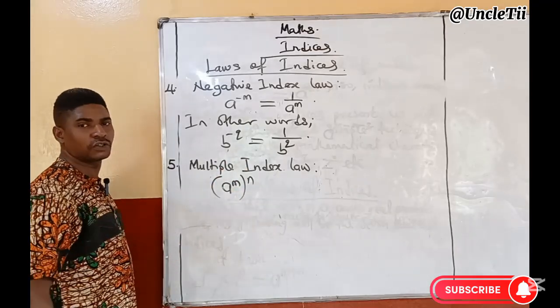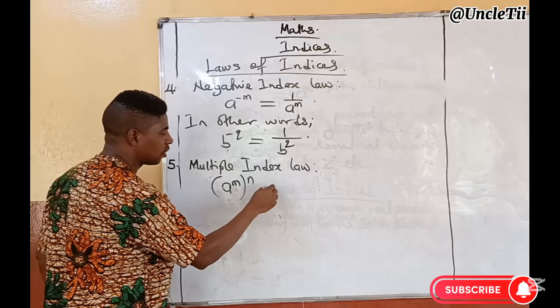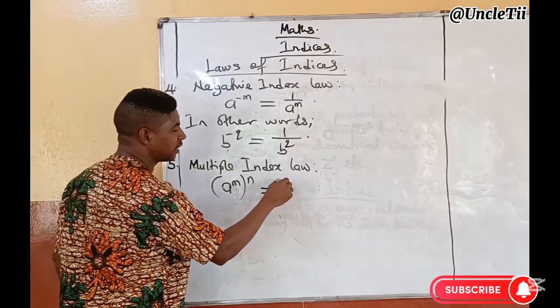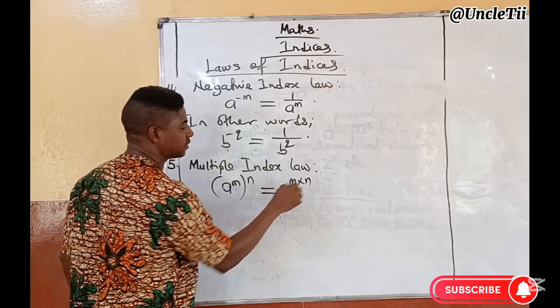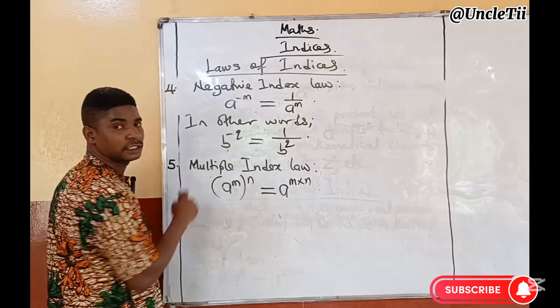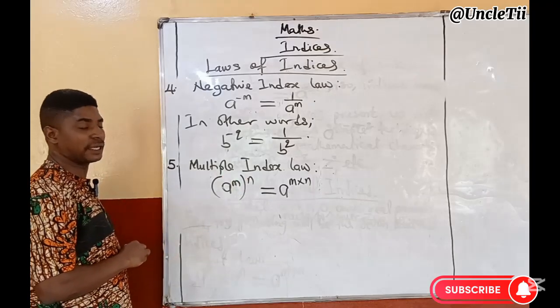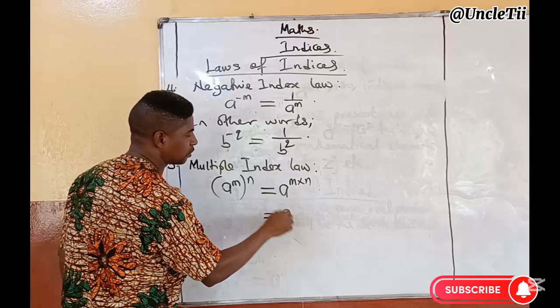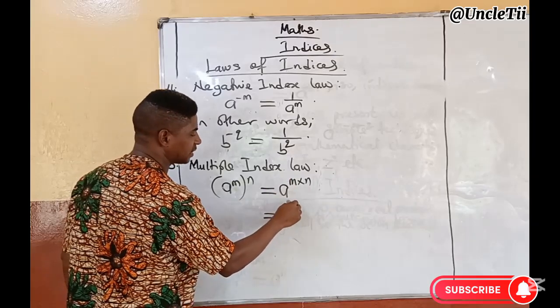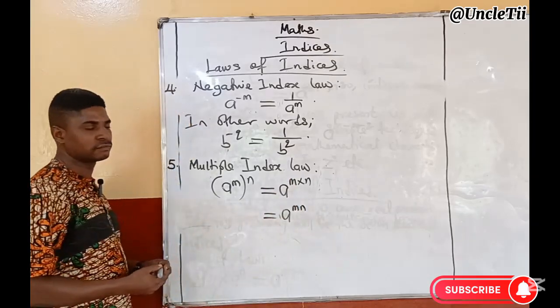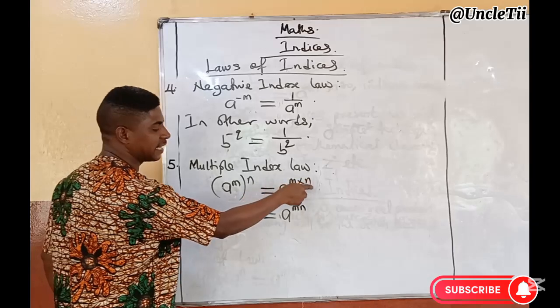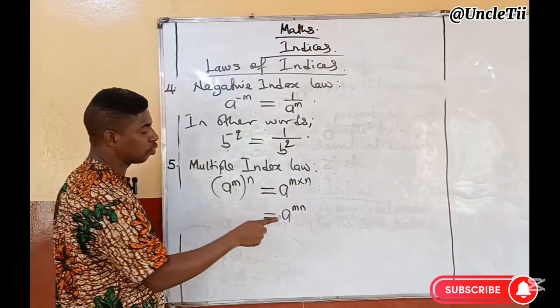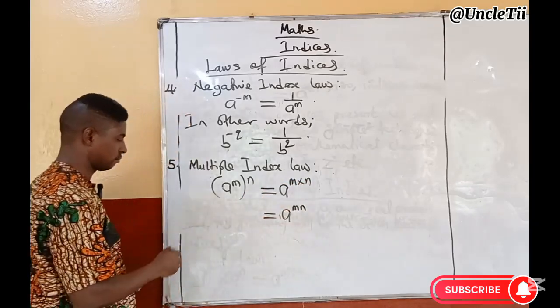How do you work on something like this? The law says this will be equal to a raised to power m times n. You simply multiply the two powers, and of course you agree with me that when you multiply m and n, what you will get is mn.